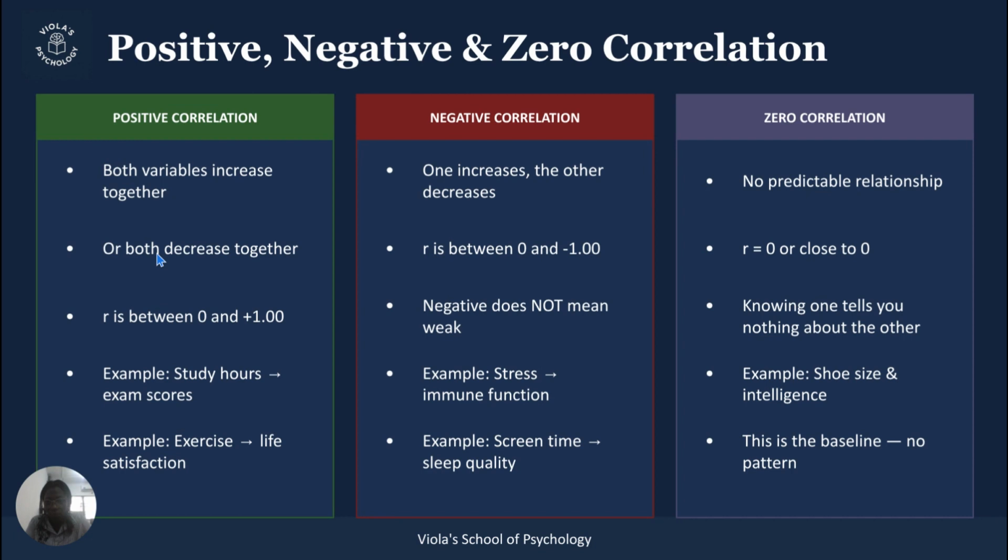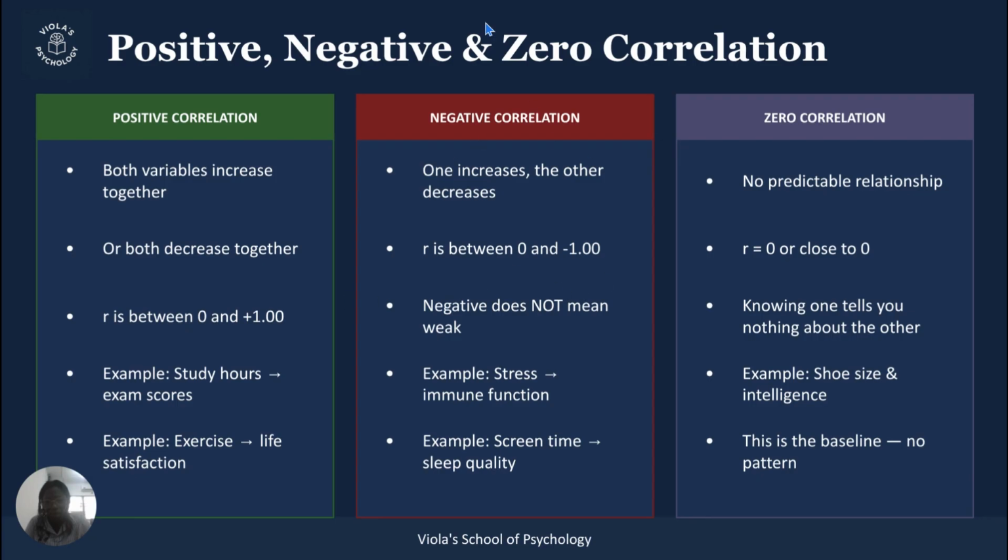Another example is that more exercise has a correlational relationship with higher life satisfaction scores. And R is between 0 and plus 1.00.